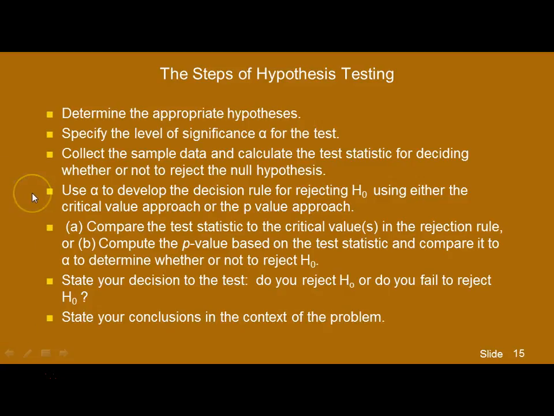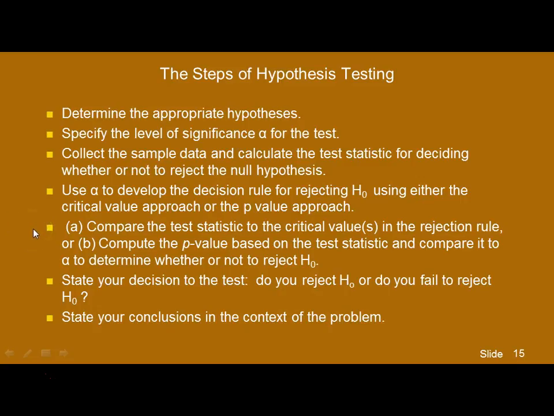This leads to what I call a decision rule. We have to have some way of deciding, do we reject the null or do we not reject the null? You're going to use your alpha level to make up that decision rule. And there's going to be two different decision rules that we can use.